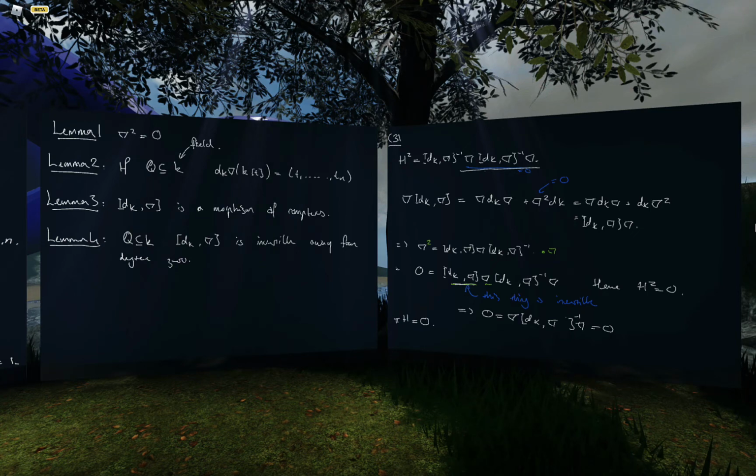For pi h equals 0, sorry, now I want to check that logic. That is what Dan said, right? So you start off with 0, and I compose on the left by dk nabla inverse twice, and you get 0 equals h squared.